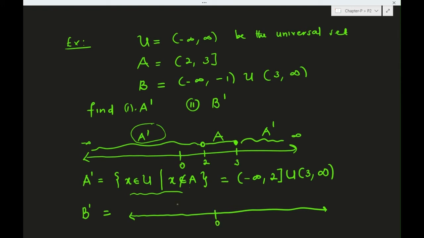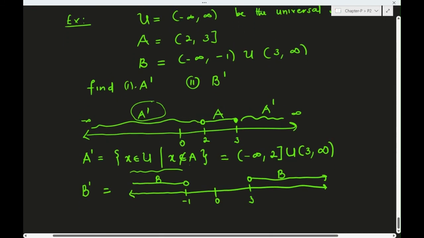If this is 0, B is from minus infinity to minus 1. So B is the whole of this, open. And also from 3, open, to infinity. This is part of B, and this is also part of B. So B has 2 parts.